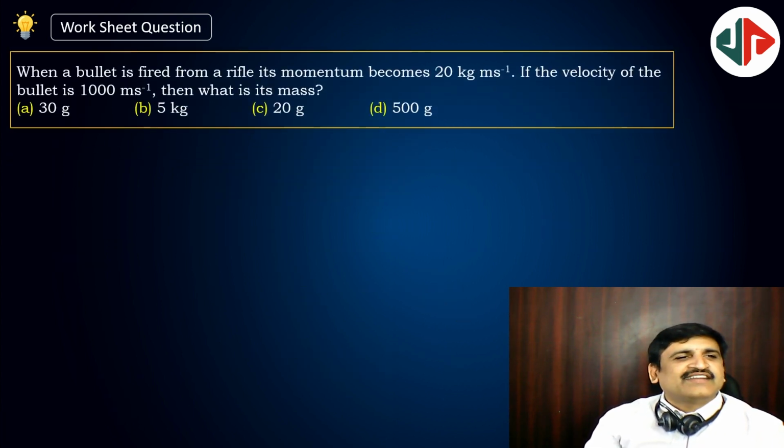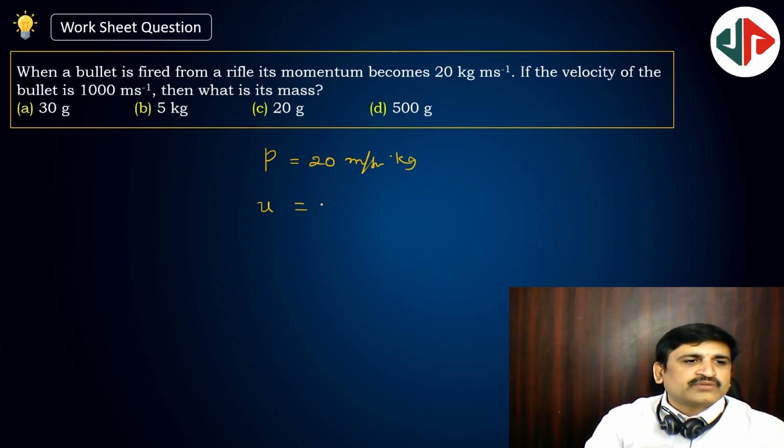Next, let us learn. When a bullet is fired from a rifle, its momentum becomes 20 kg meter per second. Next, if the velocity of the bullet is 1000 meter per second, what will be its mass?